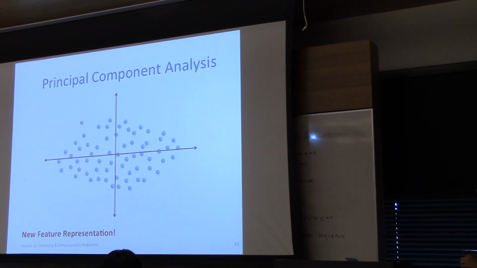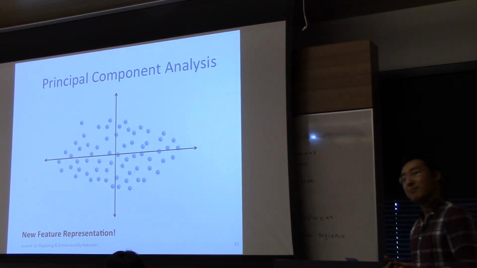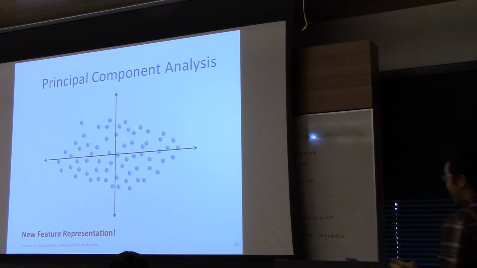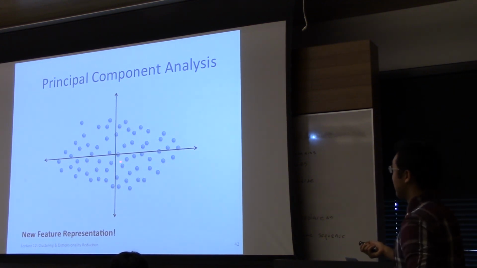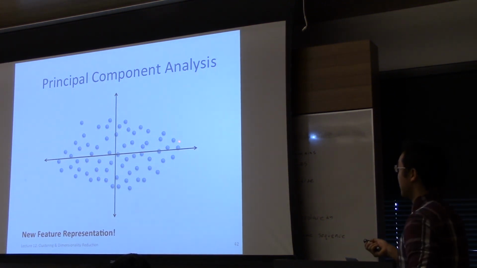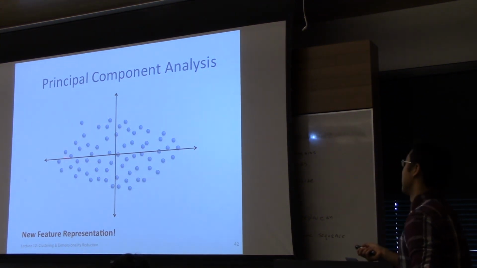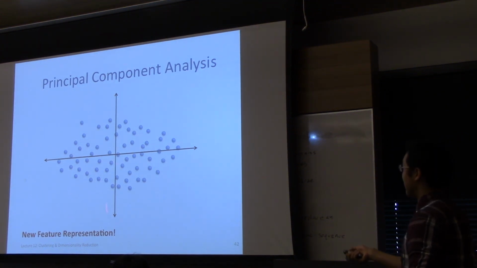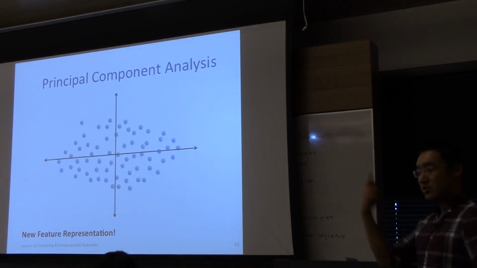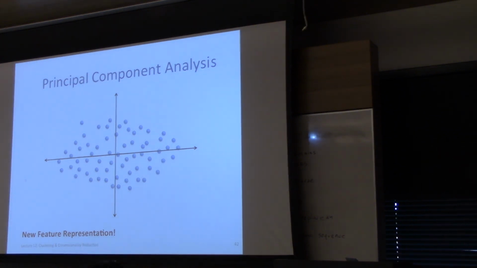There's no reason why I can't rotate the data set, the raw features, so that I have a new feature representation, where feature 1 corresponds to how much each data point projects along that diagonal line. Now I've just rotated it. So this is my new feature 1, and this is my new feature 2. If I had to choose just one feature, I would choose feature 1, because it's the single feature that captures most of the variability of the data points.